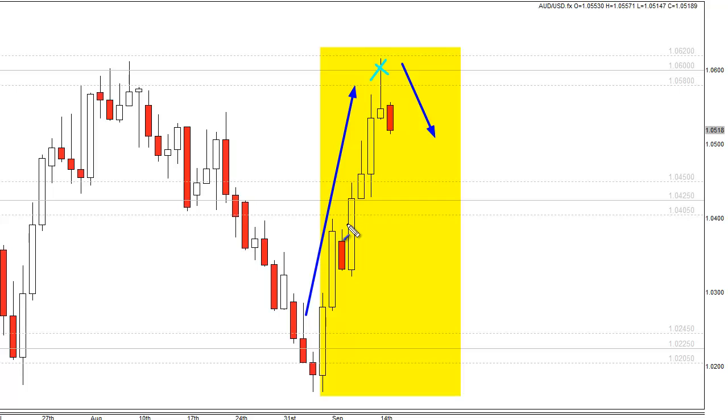Now, ideally, I would enter this trade at around about here, the 1.0500. However, that is just a little too far away from the indecision. And if I wait for this level to be broken, I'm going to be sacrificing an extra 25 pips or so. So I'm going to enter now at around about the 1.0520.